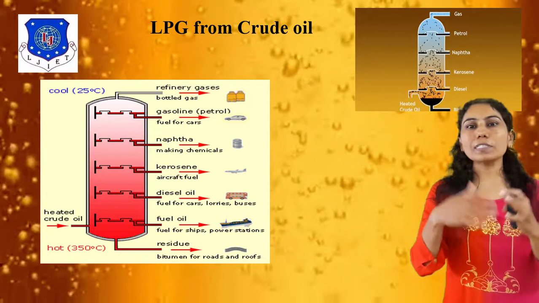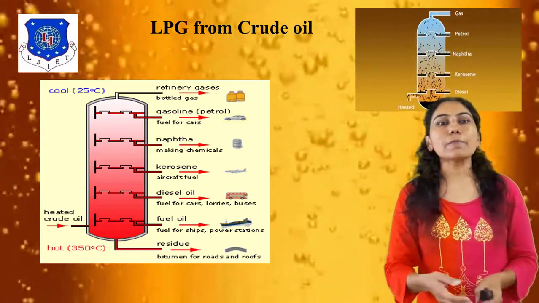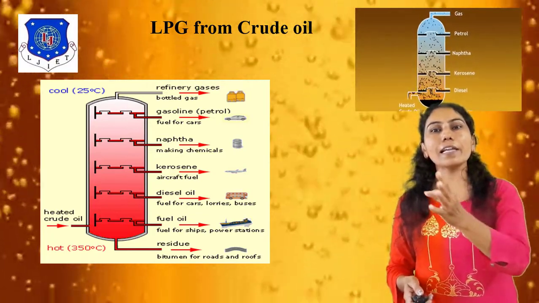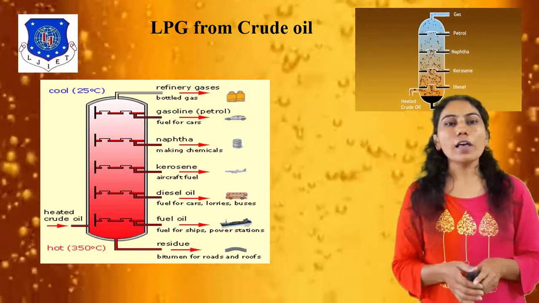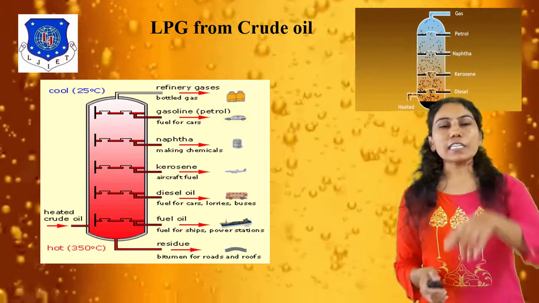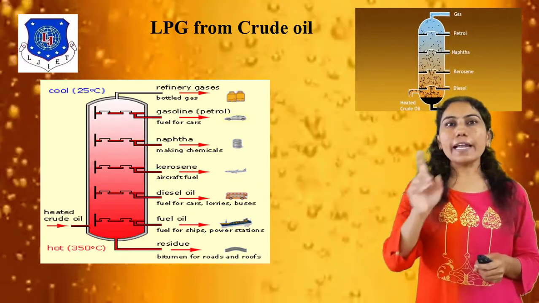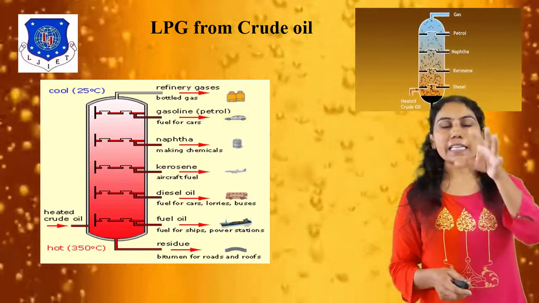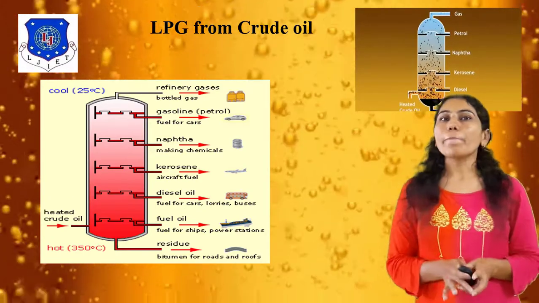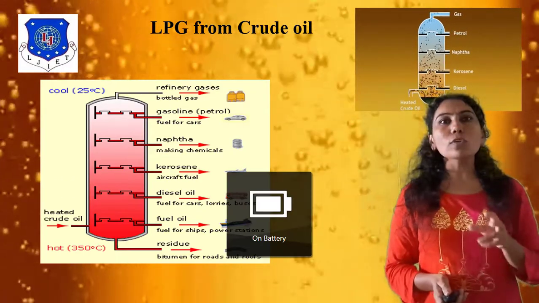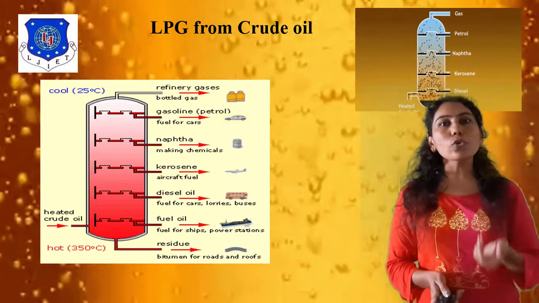The products are refinery gas, gasoline, naphtha, kerosene, diesel oil and fuel oil. So LPG manufacturing has two main processes: natural gas processing and crude oil refining.